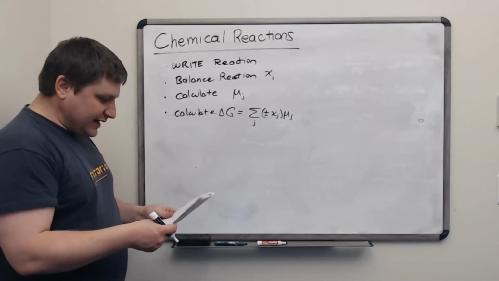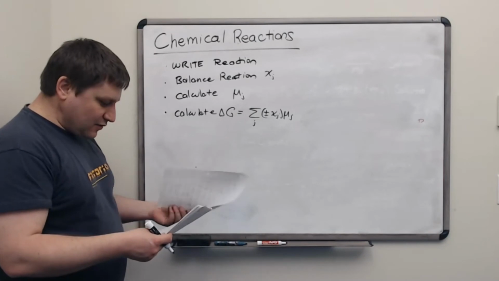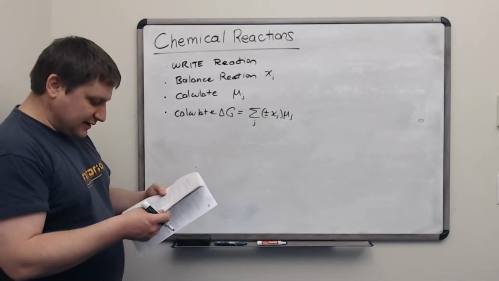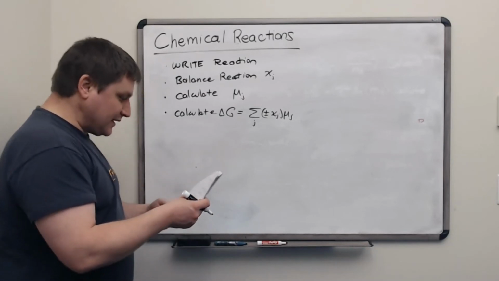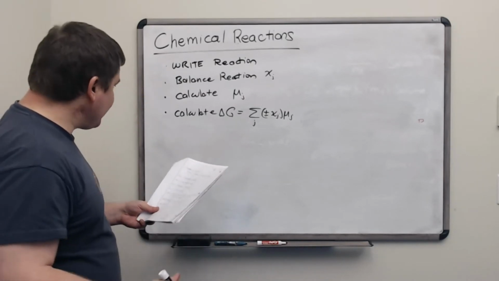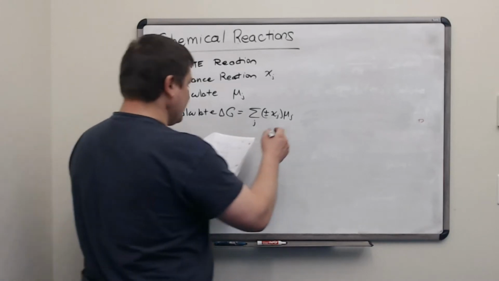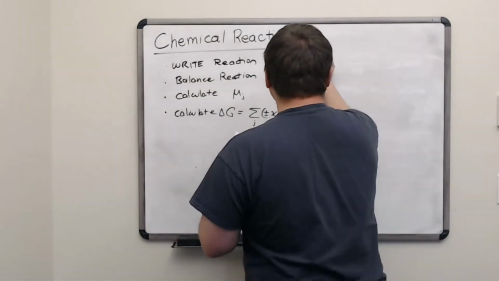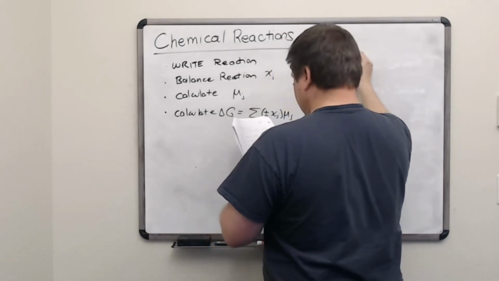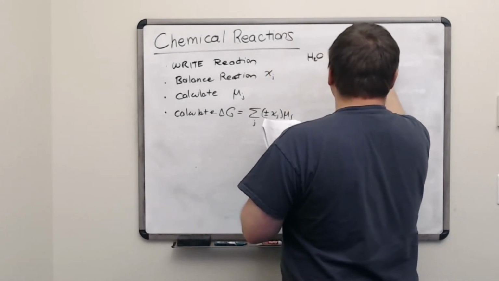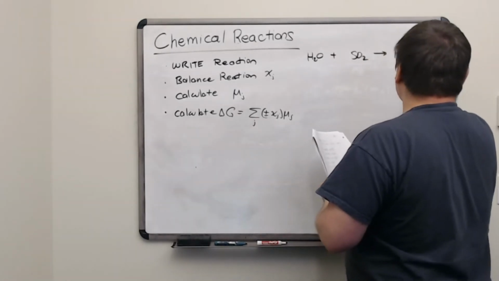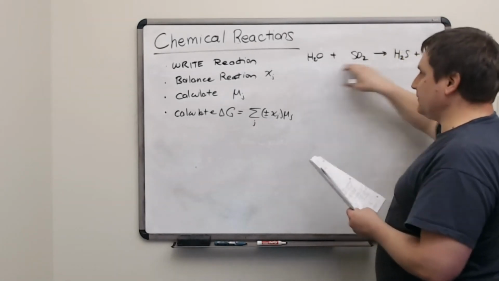So let's do an example where we see how this works. And we'll do it for the equation that I made up at the start. We'll come over here and have our H2O plus SO2 turning into H2S plus O2. So that's the reaction.